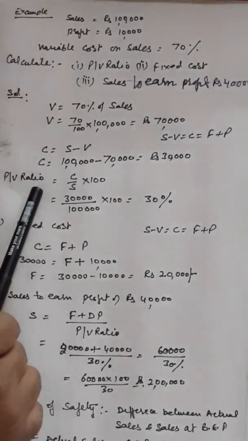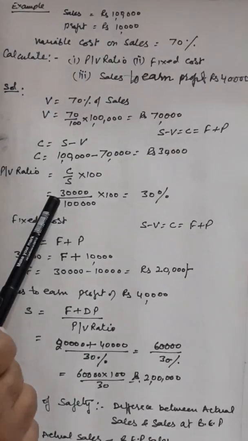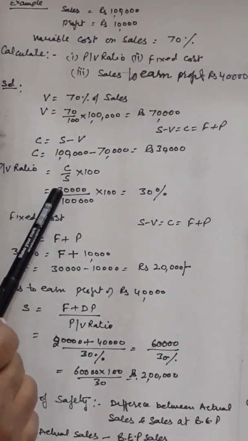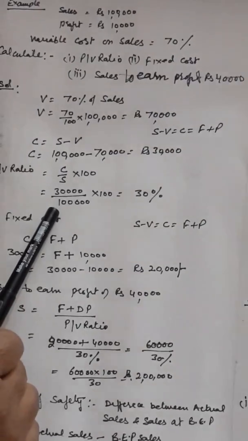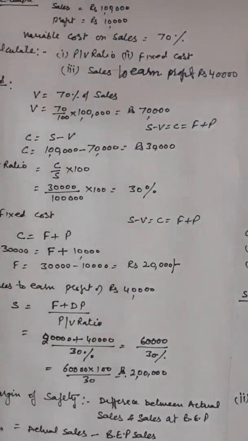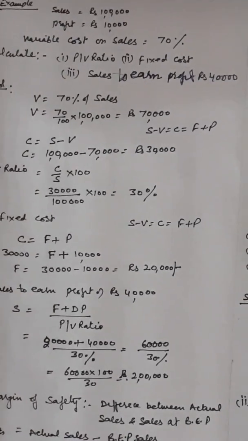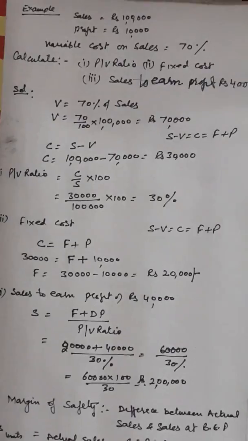Now PV ratio will be C upon S multiplied by 100. C here means contribution, 30,000 divided by sales 1 lakh multiplied by 100, it will be 30%. Next step, we should calculate fixed cost.